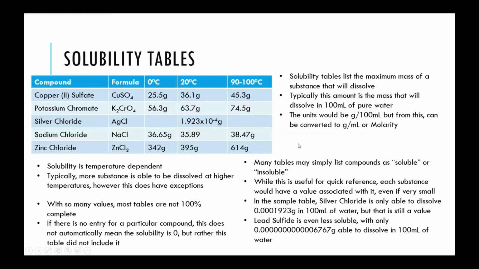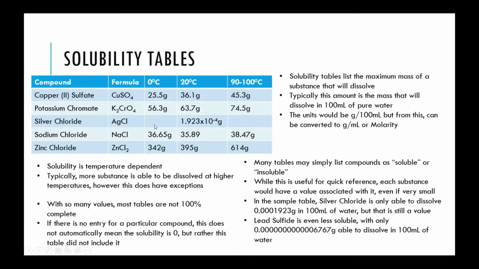Now you'll notice in a solubility table, not every box is filled. This does not mean that a value does not exist. It just means that this table just didn't include it. It might not ever have been measured specifically at that temperature, but it would exist in some form.